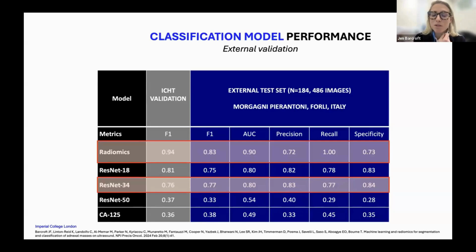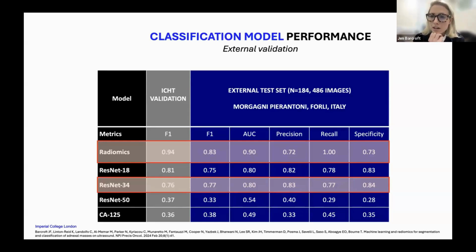But we were quite pleasantly hopeful about its overall performance, particularly thinking about cancer detection, because a model that has value would be one that is able to quite confidently identify masses that could be malignant.